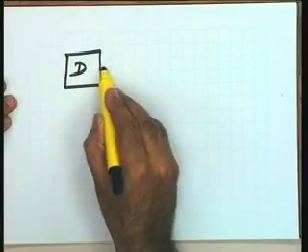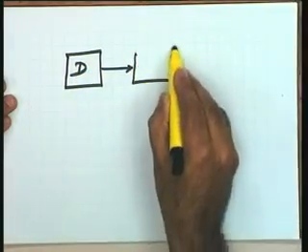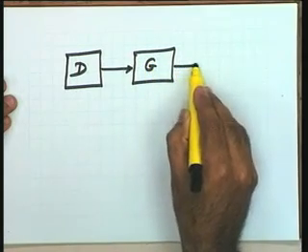Okay, that is one point. Please see, let me take D(s) as the controller transfer function, and here I take G, the plant transfer function.